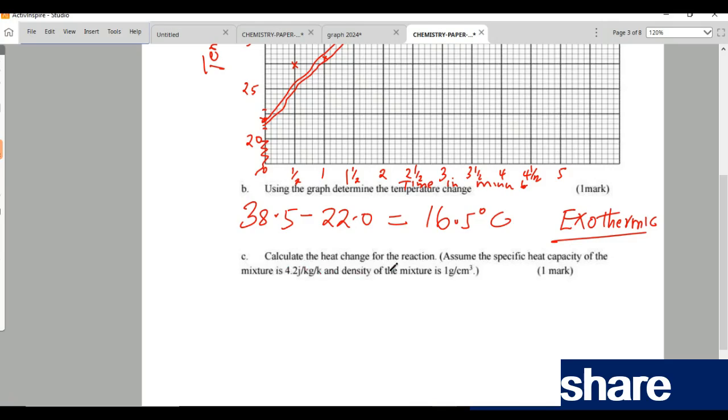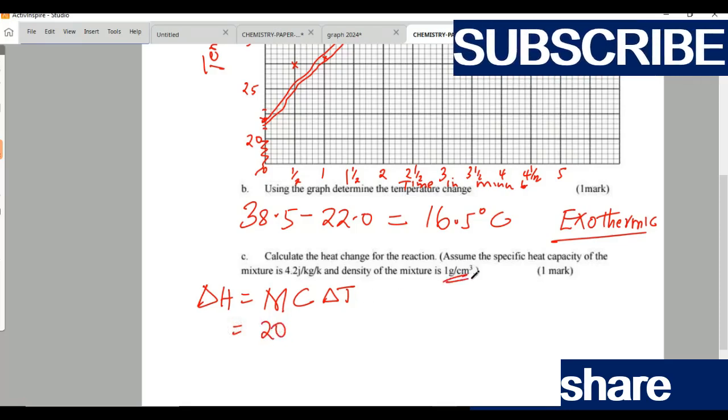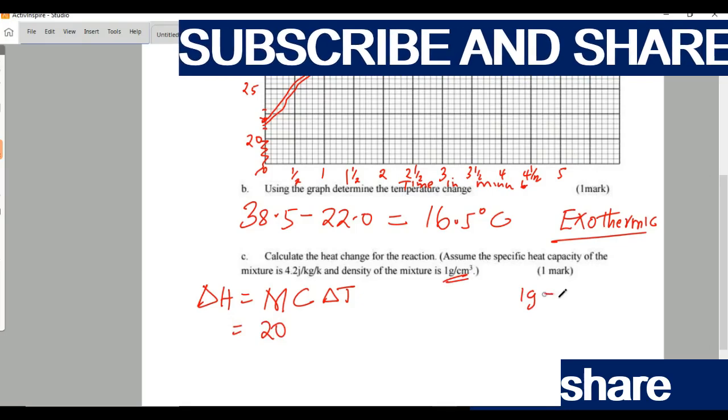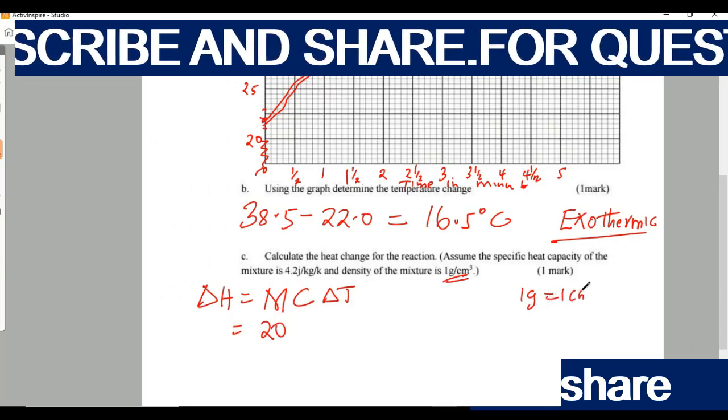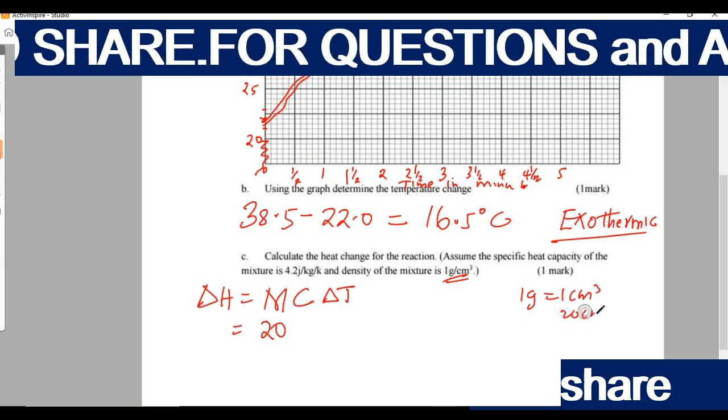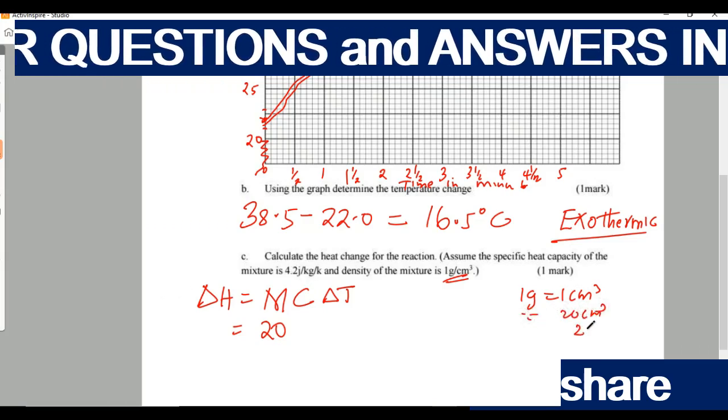Calculate the heat change for the reaction. Heat change is equal to mass of the solution times specific heat capacity times change in temperature. So our solution was 20 grams because the density is 1, so it means 1 gram is equal to 1 centimeter cube. 20 centimeters cube will be 20 grams.